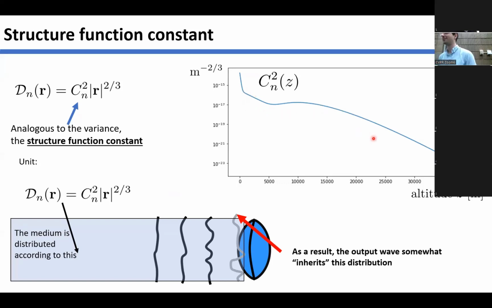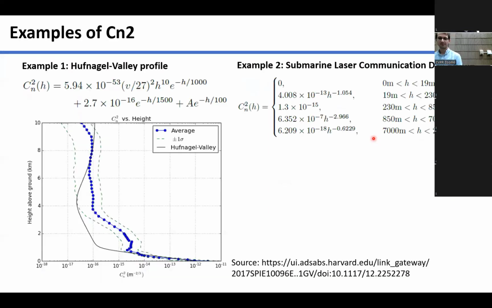If I'm looking up at a star, the turbulence strength is going to be much less the higher up that you're looking. That makes sense because there's simply less air, less atmosphere up there, so there's less to dent up the wave. Okay, here are a couple examples of CN squared.